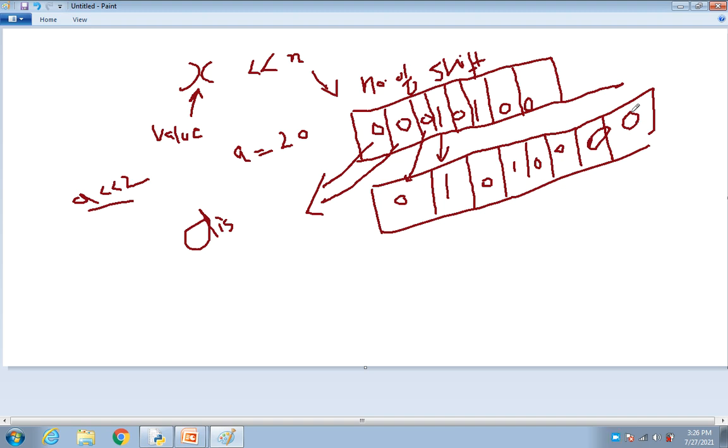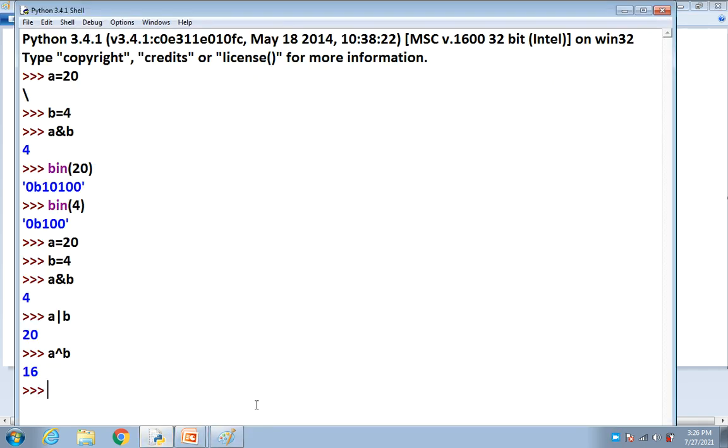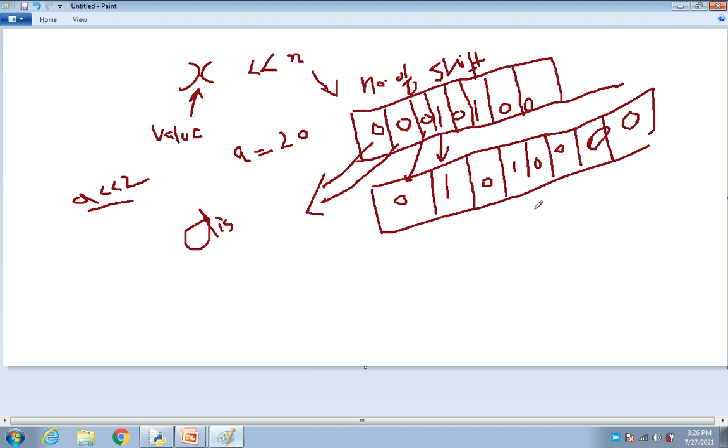So in a left shift, you move as many places as the number of shifts. Let's verify this. Your answer is 80.